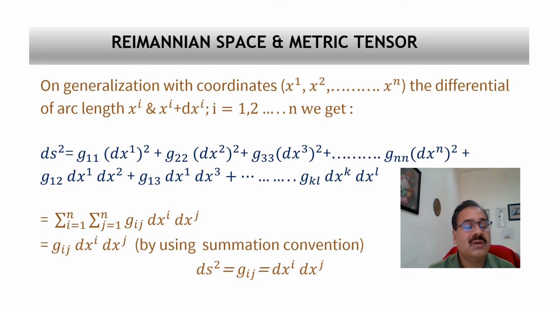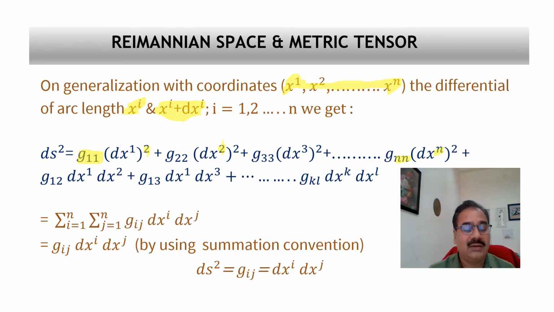Now, on generalization, with coordinates x1, x2, up to xn, the differential of arc length between x_i and x_i plus dx_i, where i varies from 1 to n, gives ds square equal to g11 dx1 square, plus g22 dx2 square, plus g33 dx3 square, and so on up to gnn dxn square.